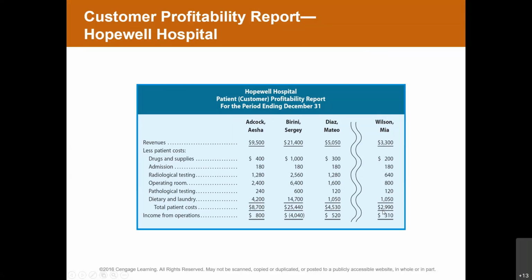Total patient costs were $2,990. We take what we billed the insurance, $3,300, minus the patient's cost, $2,990, to get the hospital's potential income from operations for that patient of $310. And this is how it works in real life. This is exactly what you would see if you worked in a hospital setting in billing, for example.